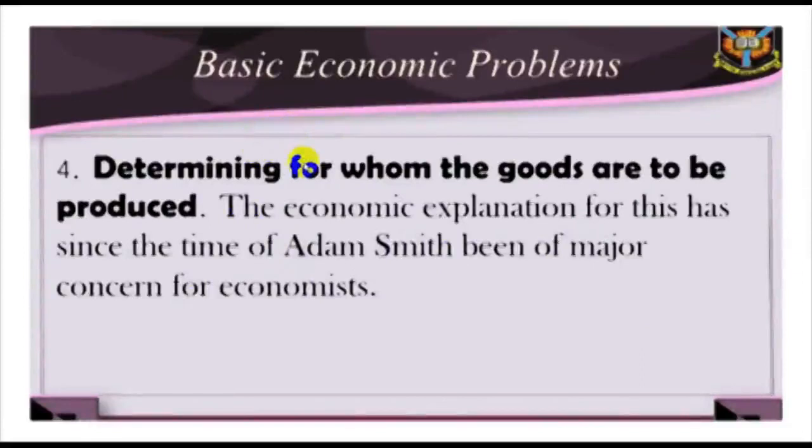The economic explanation for this has since the time of Adam Smith been of major concern for economists. In socialist economies, the government often interferes in the economy to correct the lopsidedness in resource distribution.